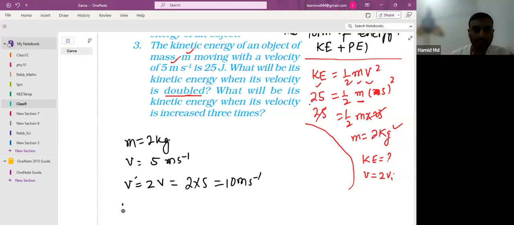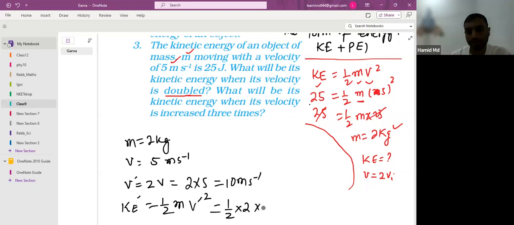So the kinetic energy prime corresponding to this is half of m v prime square. This is half, m is nothing but 2 kg, and this is 10 square. 10 into 10 is 100.